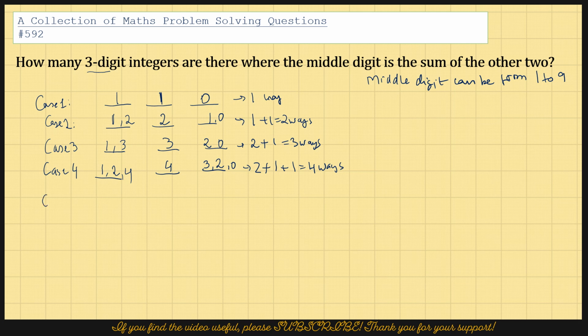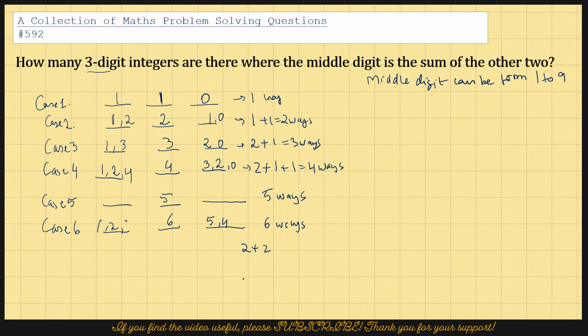So if you did case 5, with 5 in the middle, you'd have 5 ways. And case 6, with 6 in the middle, there'd be 6 ways in which you could write the number. Let's check. Start with 1 and 5, and swap, so that's 2 ways, plus 2 and 4 and swap, that's another 2 ways.